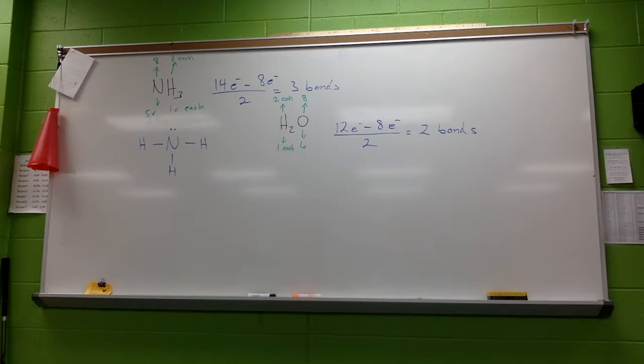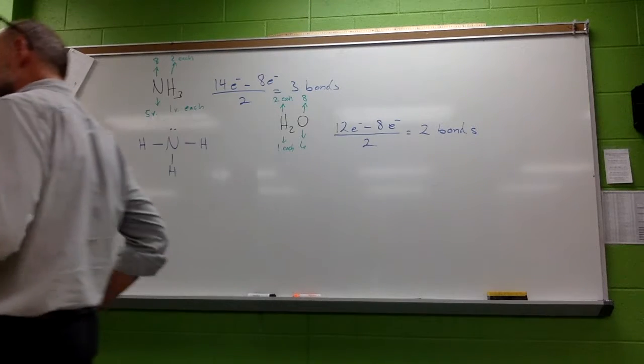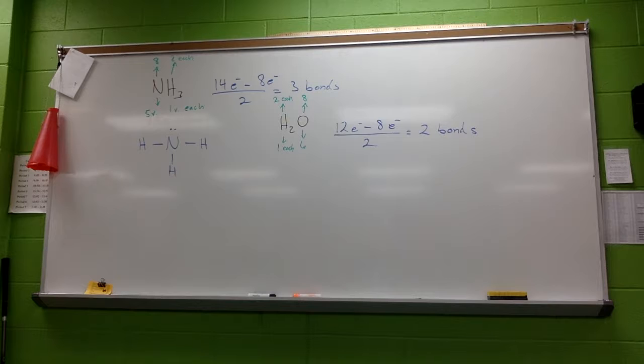There are 2 common mistakes students will make as they're learning to do this. One of the more common mistakes is bonding hydrogen more than once. Hydrogen can never be a central atom. It's a one and done atom. It makes one bond and it is done.